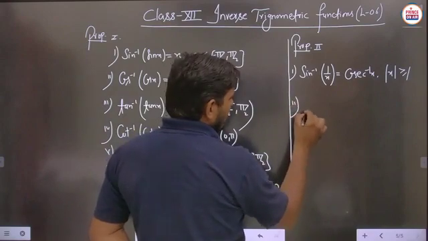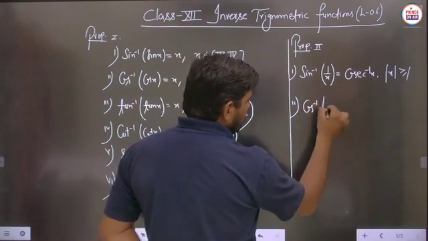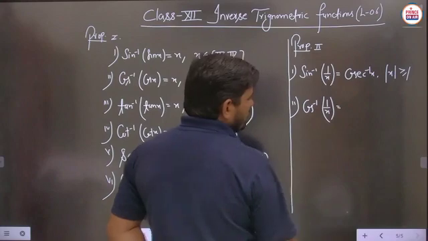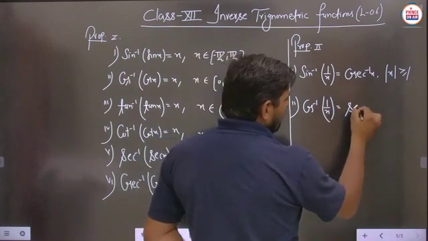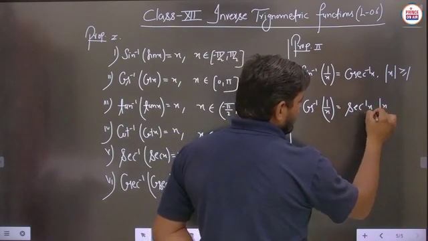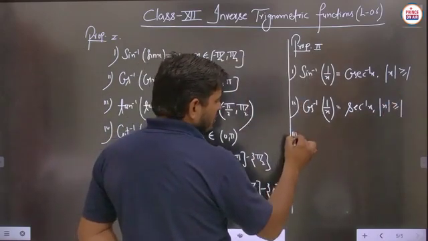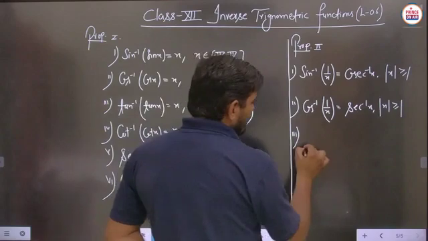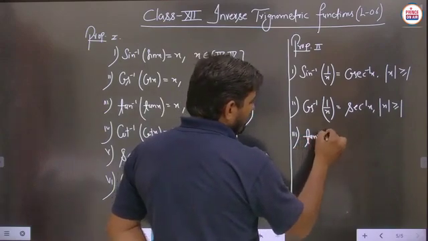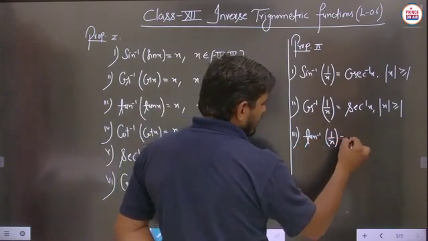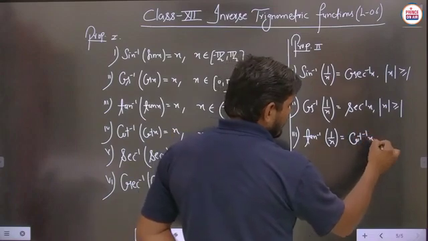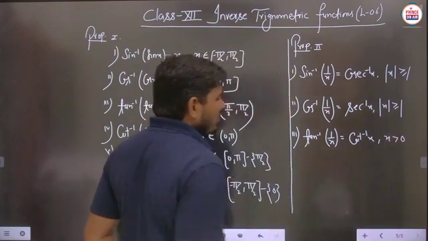Similarly, in the second case, cos inverse of 1 by x is written as sec inverse of x, again with the condition modulus x greater than or equal to 1. And in the third section, tan inverse of 1 by x is written as cot inverse of x when x is greater than 0.